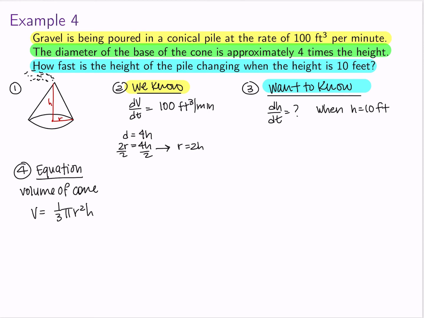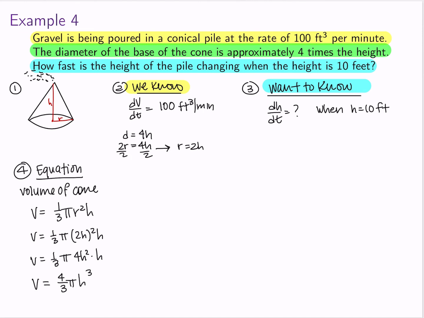And that's a constant relationship that's always going to happen because it's growing with this idea of similar triangles, how the cone is growing. So I can actually come down here and say that V is 1/3 pi, and instead of R, I'm going to say 2H squared times H. And I'm going to take a minute to simplify this. So V is 1/3 pi. 2H quantity squared will be 4H squared times H. So finally, V is, combining my constants, 4/3 pi, and then combining my H's, I have H cubed.